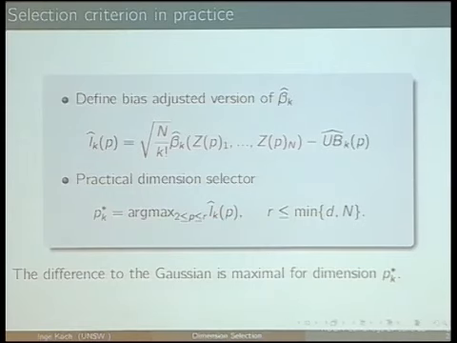So in a sense, what we're doing is we're looking for in which dimension is the largest deviation between the Gaussian object of interest and the sample version. So we're maximizing the non-Gaussianity. We're looking for the dimension p which maximizes the non-Gaussianity.